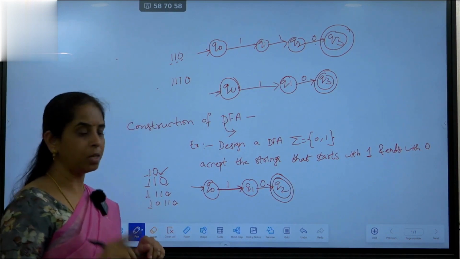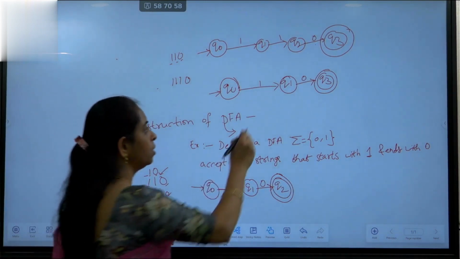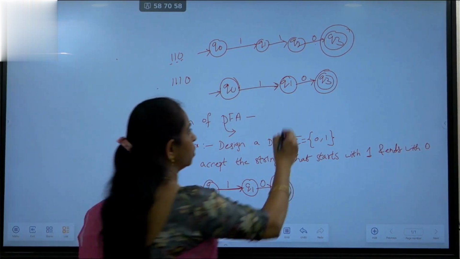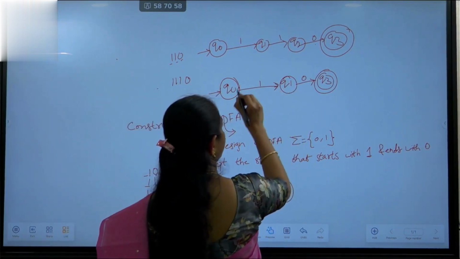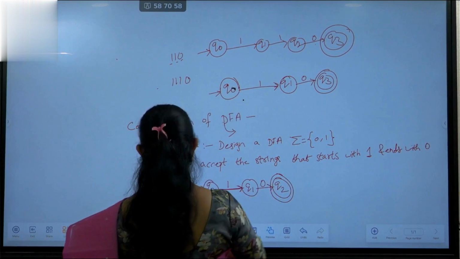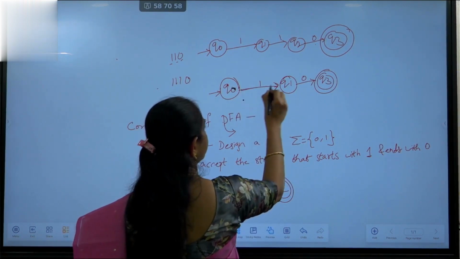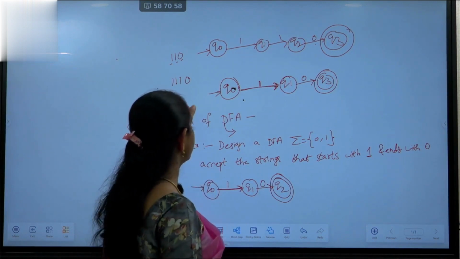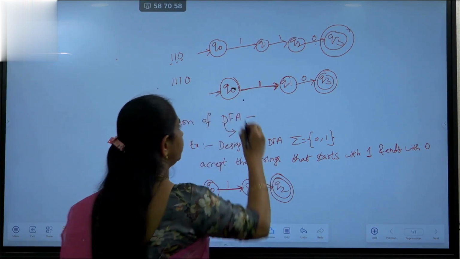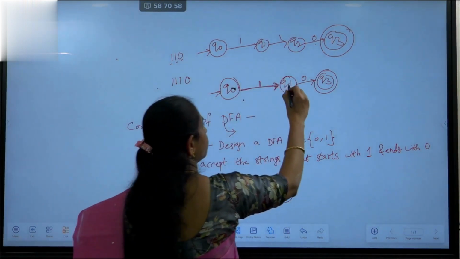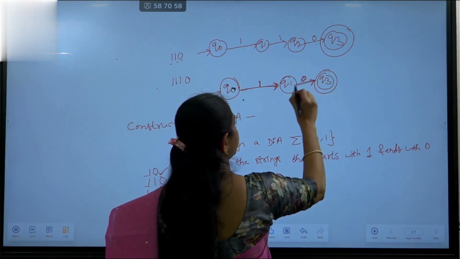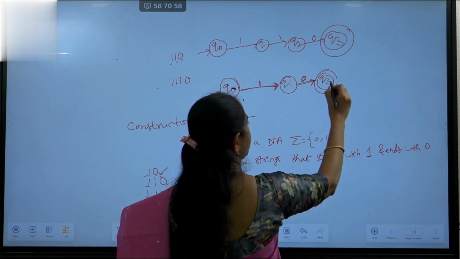Whenever we have a DFA, we have to take a single transition for a single input alphabet. So from Q naught we go to Q1 on input alphabet 1, because the question says the string starts with 1. Next on Q1 we take the input alphabet 0, because it has to end with 0, and Q3 is the final state.